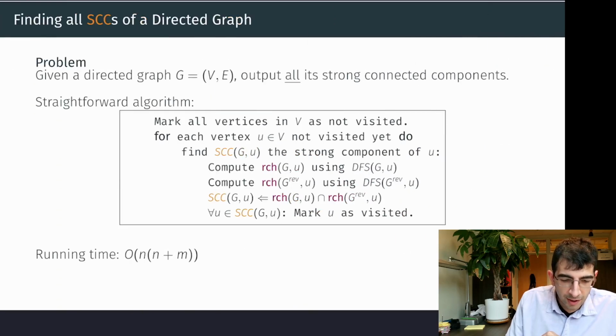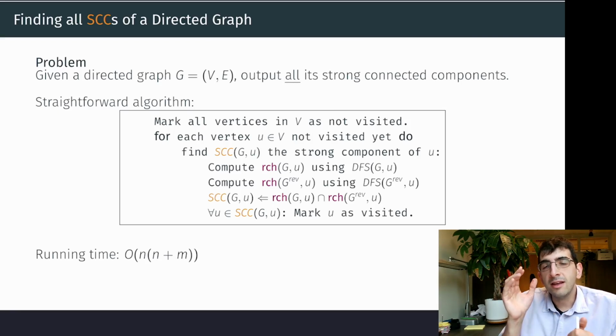Last time in lecture, we came up with a straightforward algorithm. We had a way to identify the strongly connected component that contains a vertex u. How do we do that?